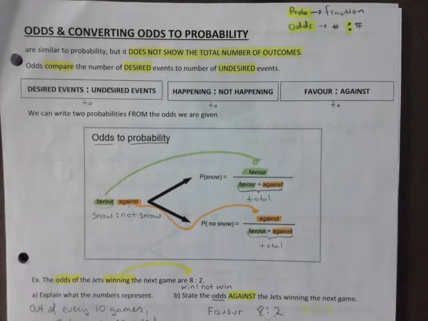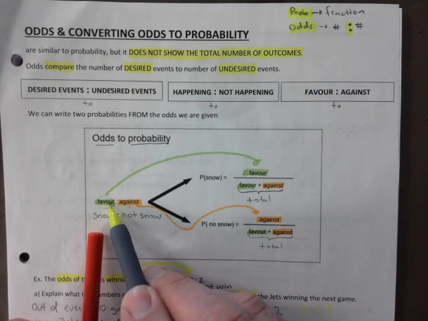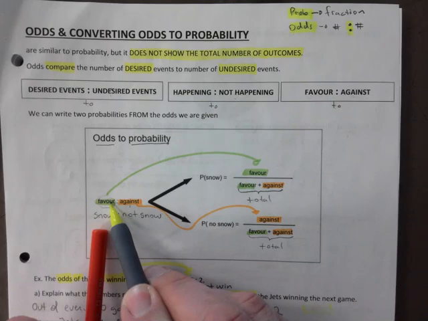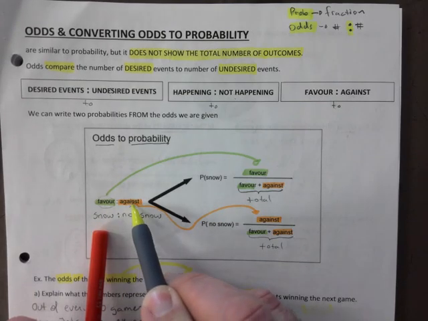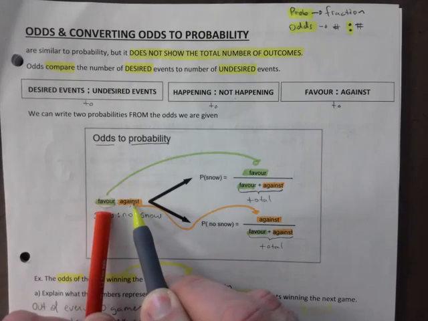I will probably ask you to come to a different page, and I will fill this in one more time. But remember, if it says odds in favor, then this number is obviously the amount of times that it's going to happen. Against, this represents the number of times it's not going to happen. So it's for, against, like that.